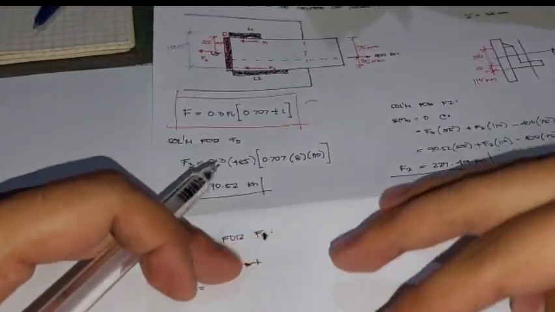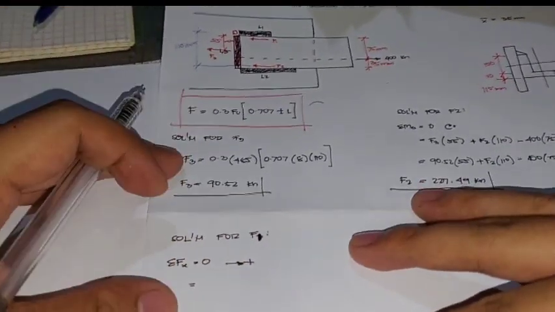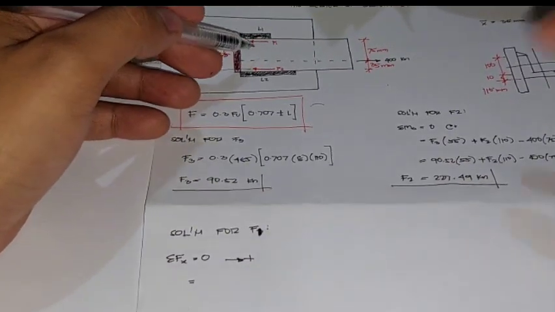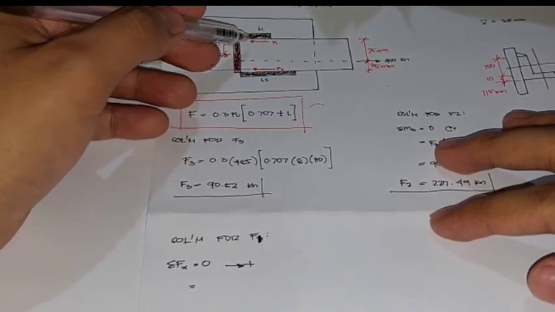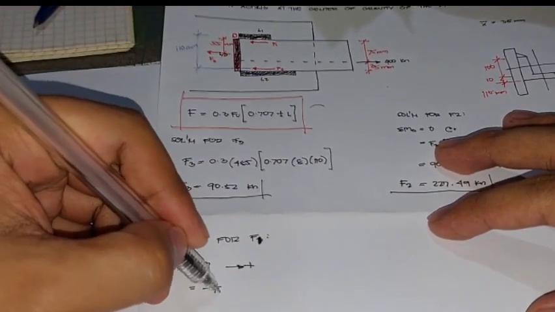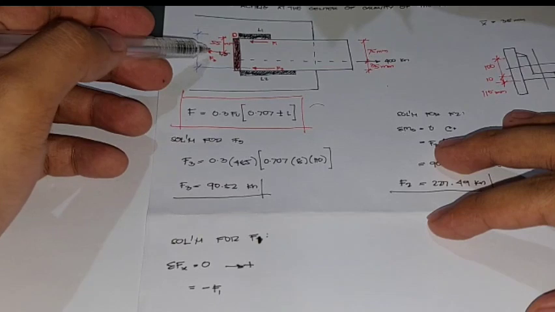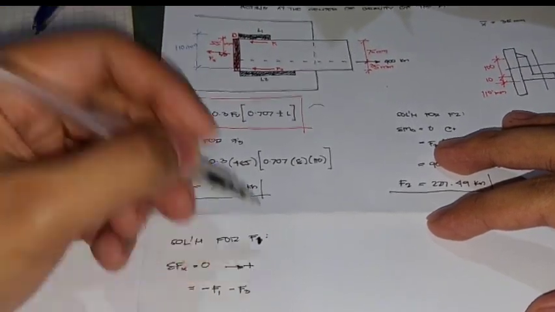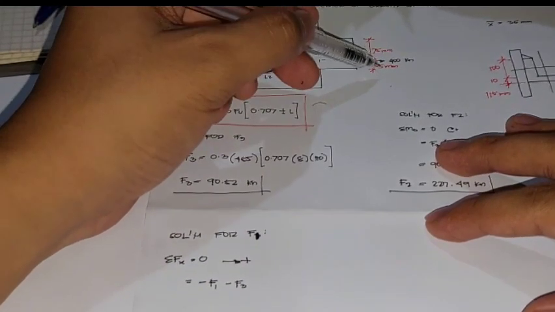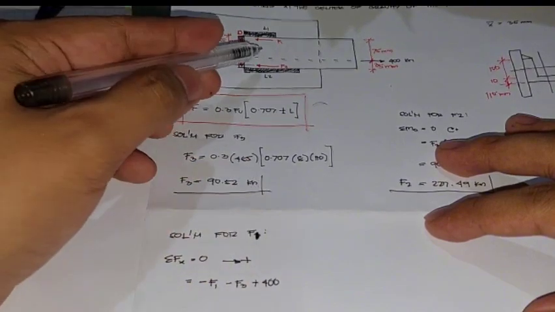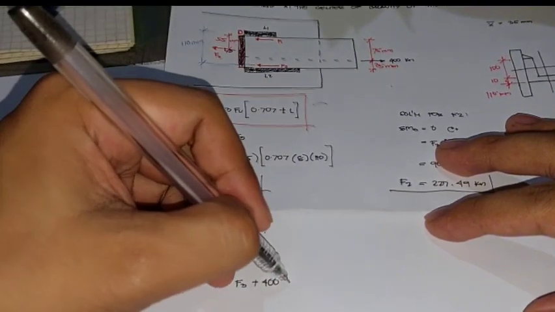F1 is directed to the left, so negative F1. F3 is directed to the left, so negative. The 400 is directed to the right, so positive. F2 is directed to the left, negative.